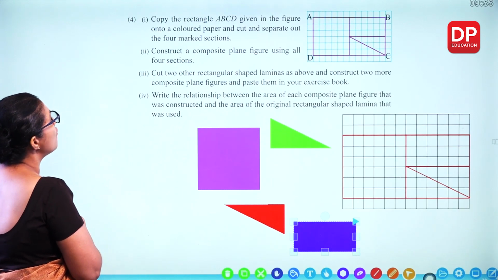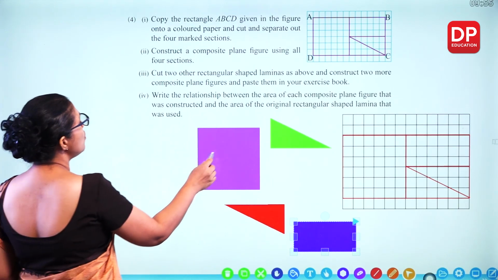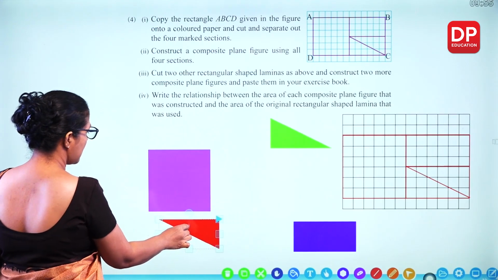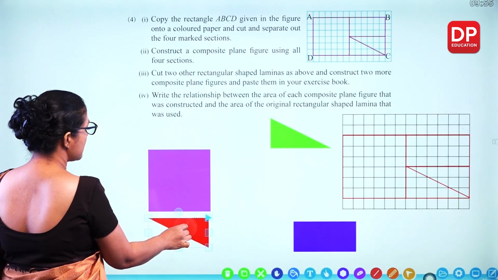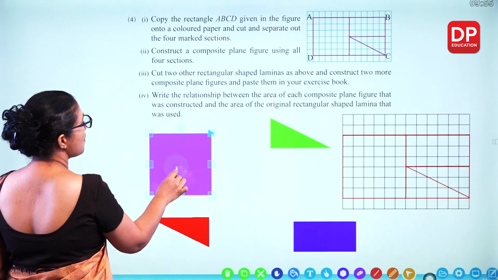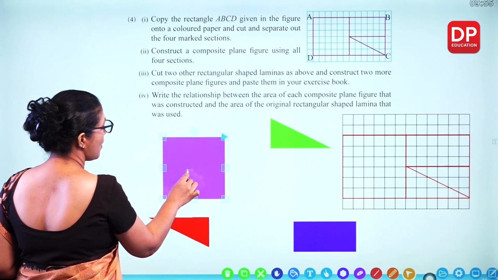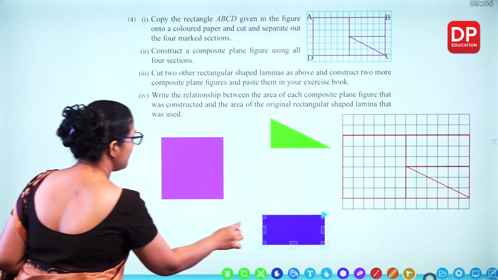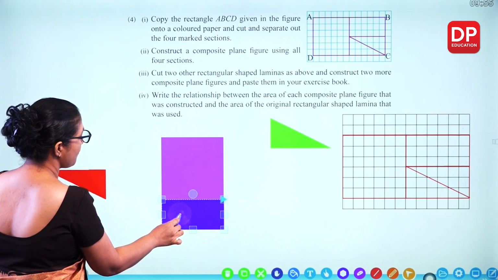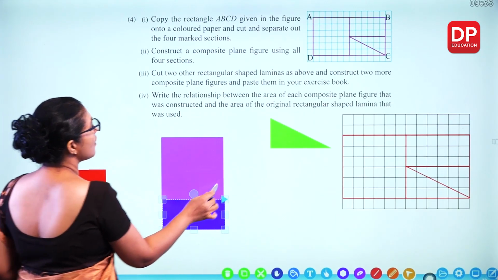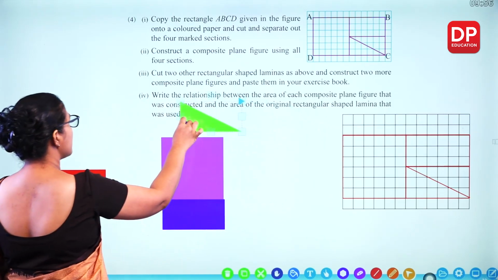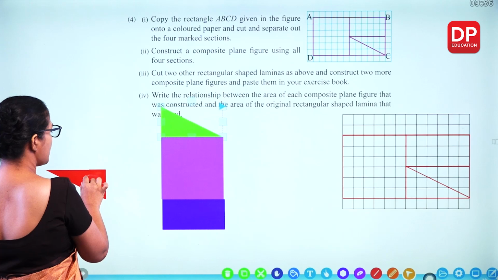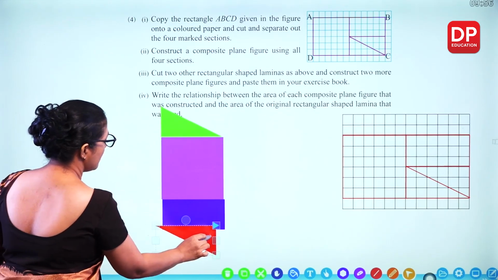So what you have to do, you have to take these shapes and create different shapes. So I'll keep this one here and this triangle here, and I can create another composite figure like this.